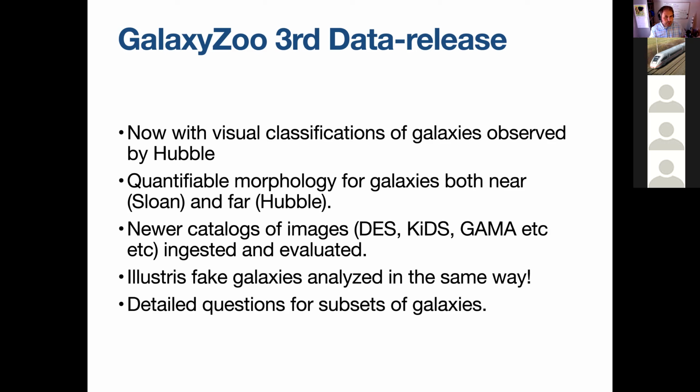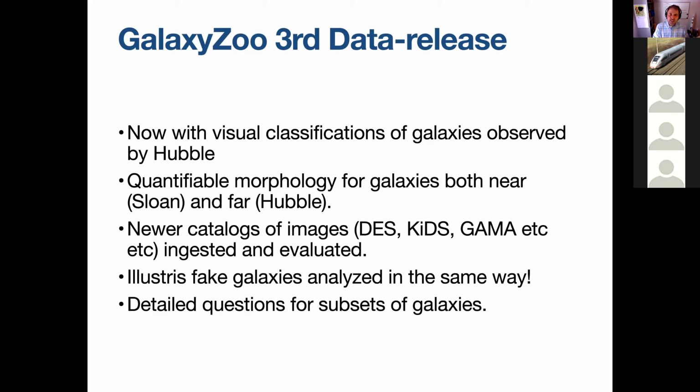People don't like classifying fake things, so they just slip them into the normal Galaxy Zoo process and you just keep classifying. The good news is that it's a kind of double-blind test. And so the Illustris galaxies can be used to calibrate whatever was classified by Galaxy Zoo.